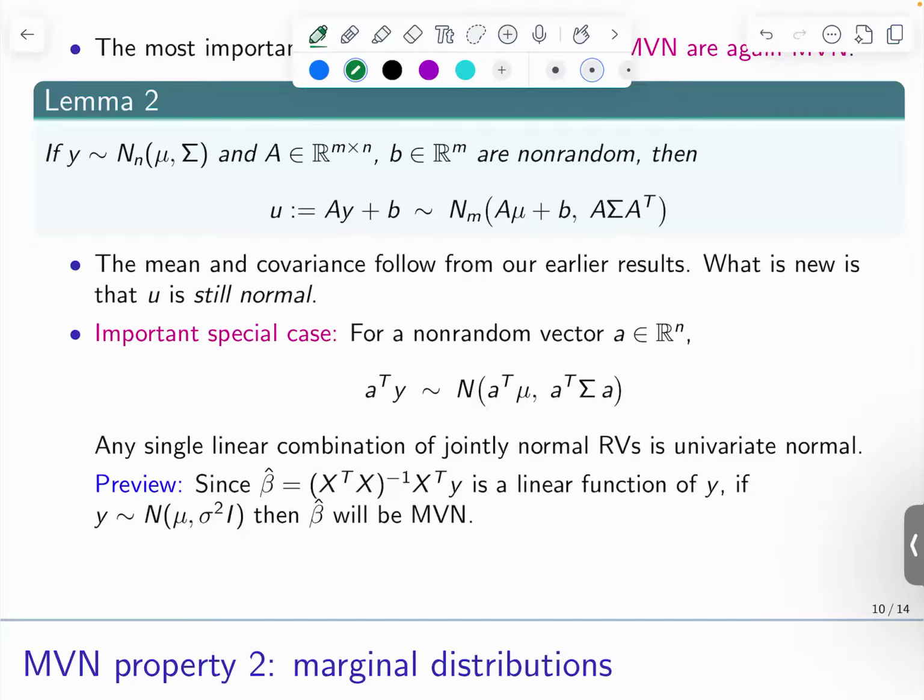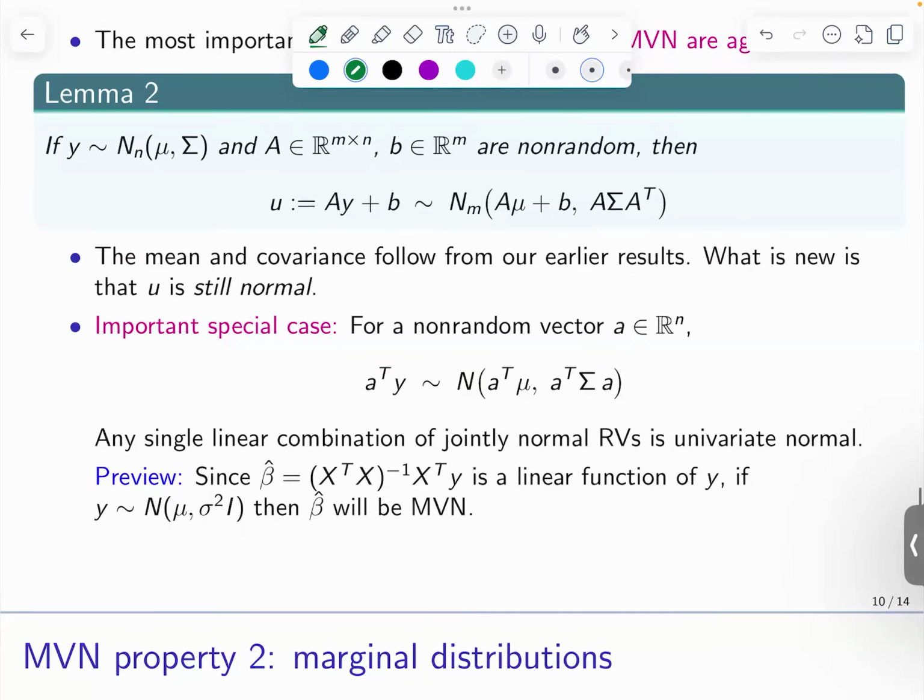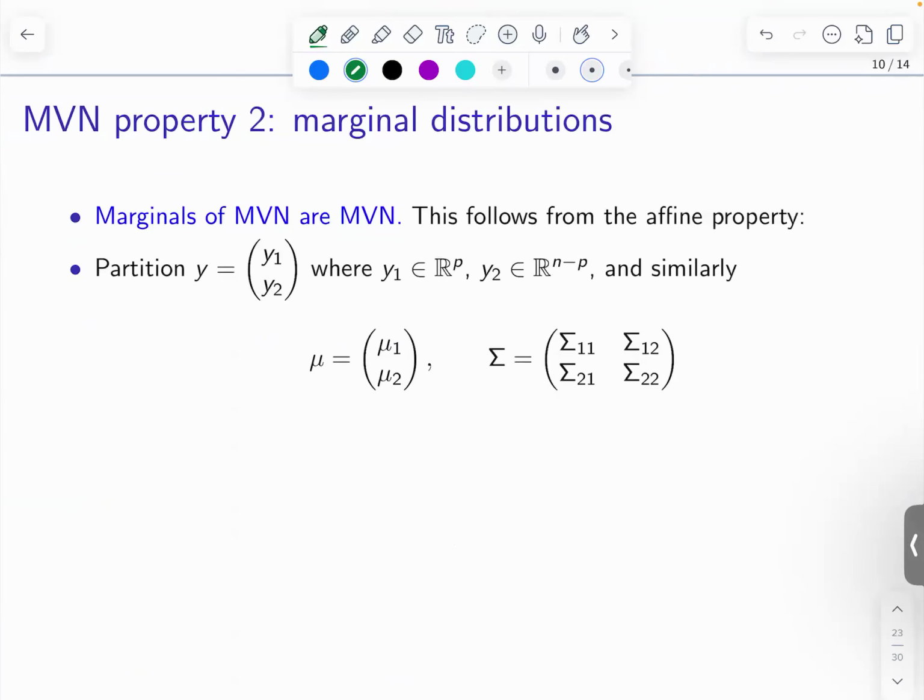If we assume y is multivariate normal, then the vector beta hat, the regression coefficients, will also have a multivariate normal distribution. We'll see this; that's how we're going to use it.